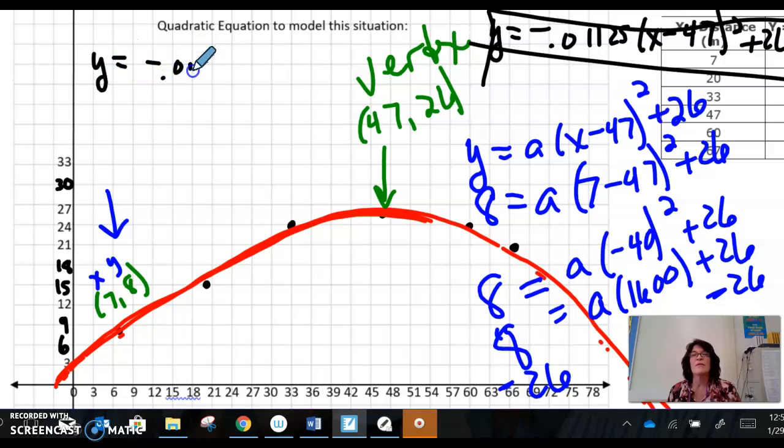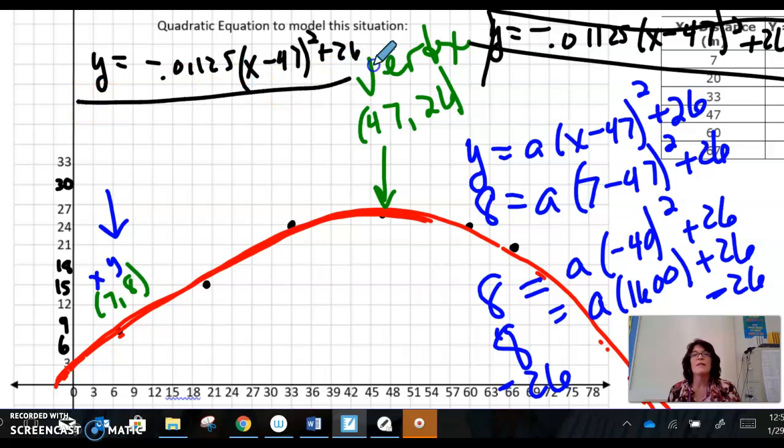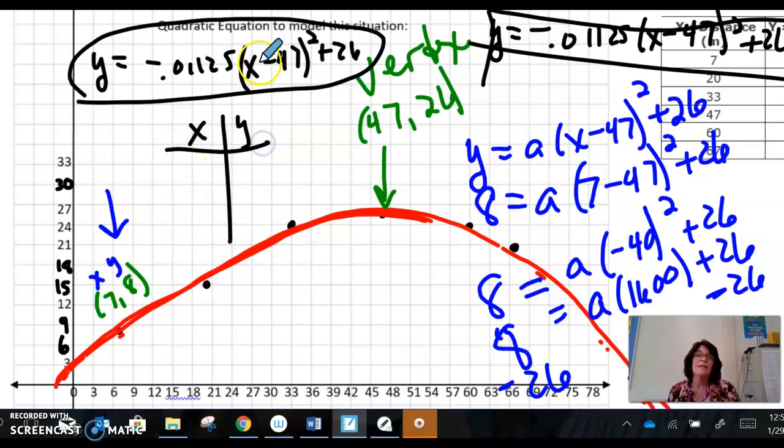Y equals negative 0.01125 (x minus 47), because that's my vertex, squared plus 26. I believe that this gives a pretty good equation to use so that you can put in any horizontal distance. You go ahead and put in any x, I'll do this math and tell you what y is.